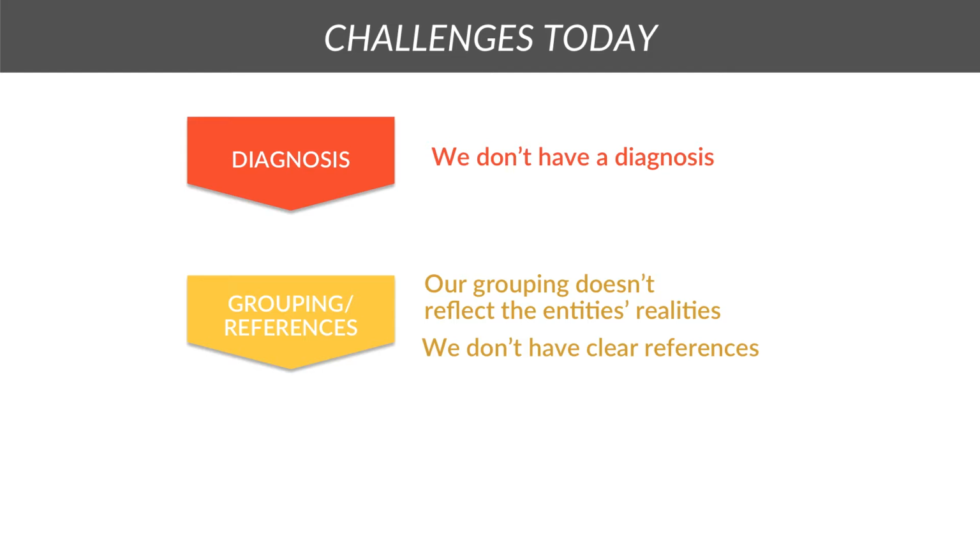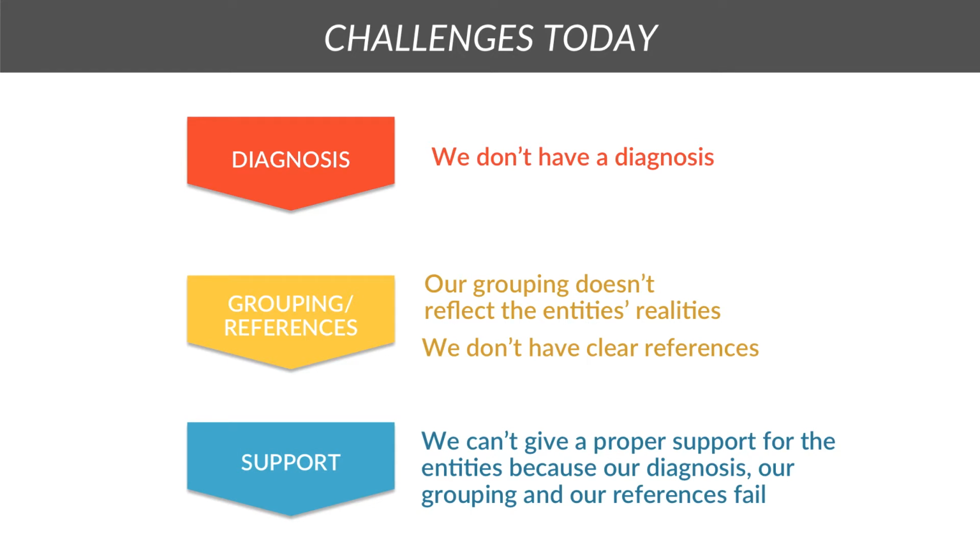Grouping doesn't reflect the entity's realities, and the references are not clear in the past OD model. And the support, we couldn't give proper support to the entities because our diagnosis, our grouping, and our references were failing. So these were the challenges that we understood when we looked at the old model.